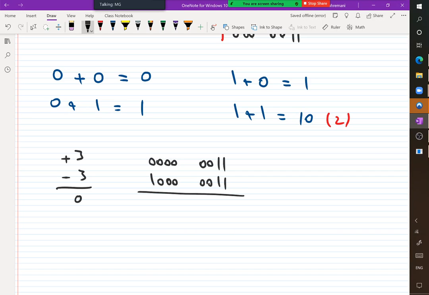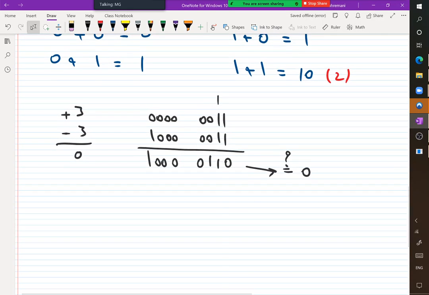If we add them together, the result will be 1, 0, 0, 0, 0, 1, 1, 0. Is this number equal to 0? Of course not. So by adding just these two numbers together, the result is not equal to 0. So we should consider this problem for the sign magnitude method.